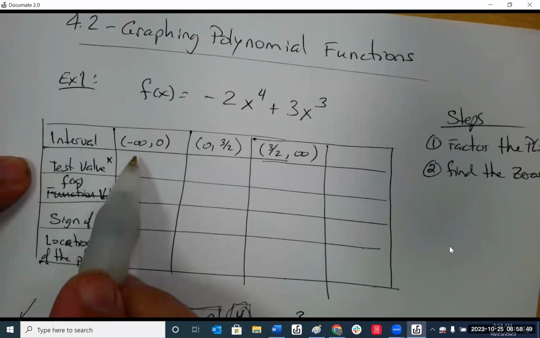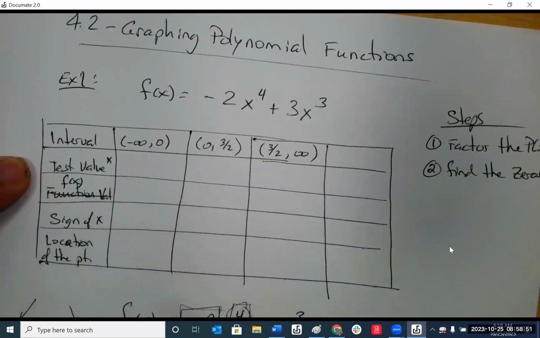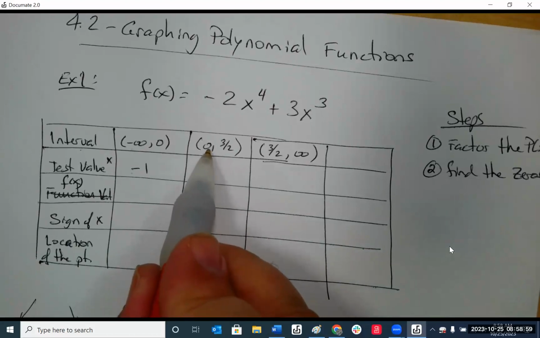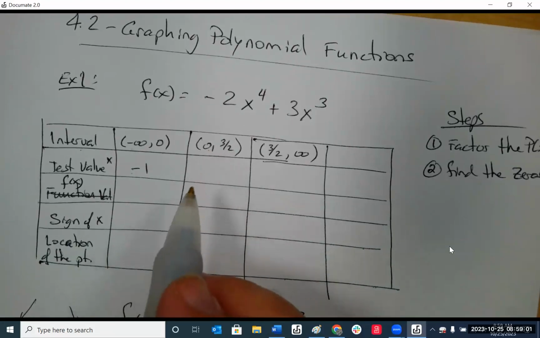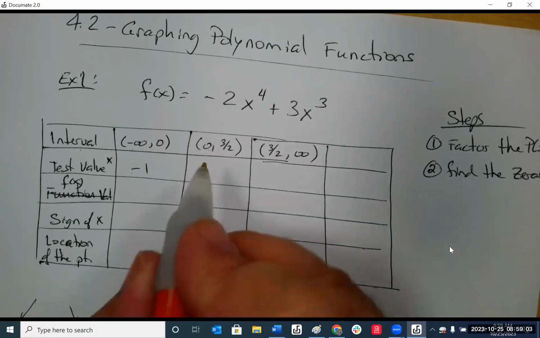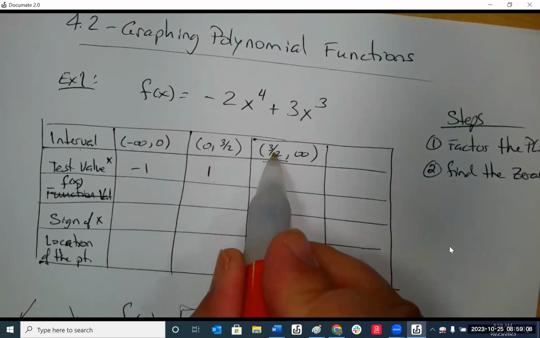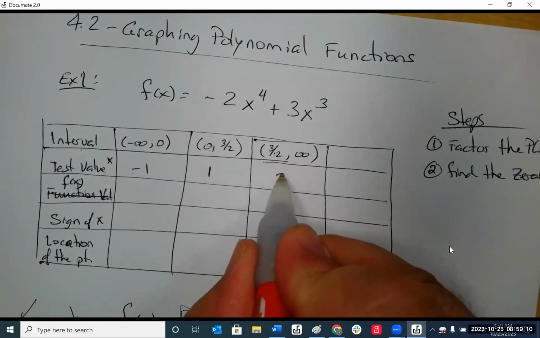Now, pick a number between negative infinity and 0, an easy number. -1. Let's pick a number between 0 and 3/2. Let's pick 1. And a number bigger than 1 1/2, let's pick 2.